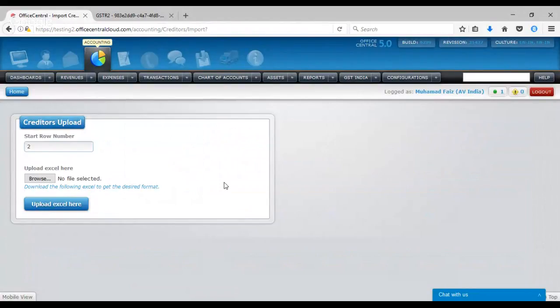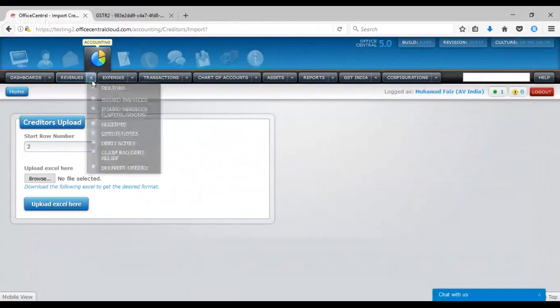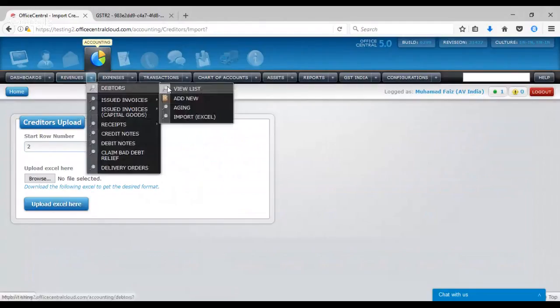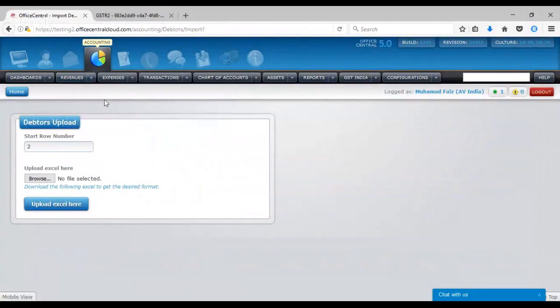The same thing as in the previous session, you also can upload your customers list. So you go to the debtors and then go to import from Excel. The same thing, so you can upload this. We are going to show you in the next session how you can upload the various debtors, creditors, and other lists inside the system so that you can build your chart of accounts ready for the GST.